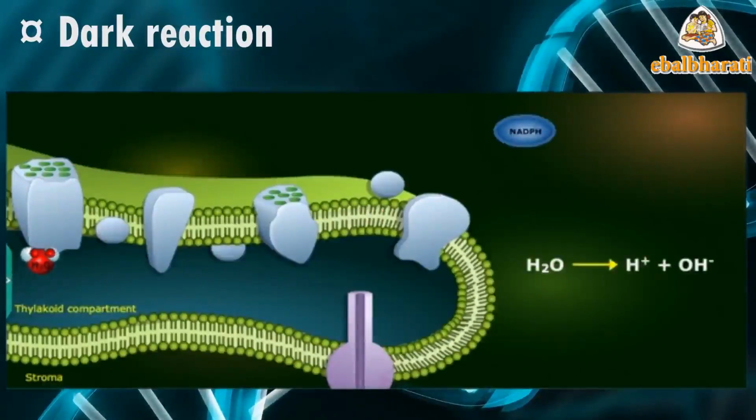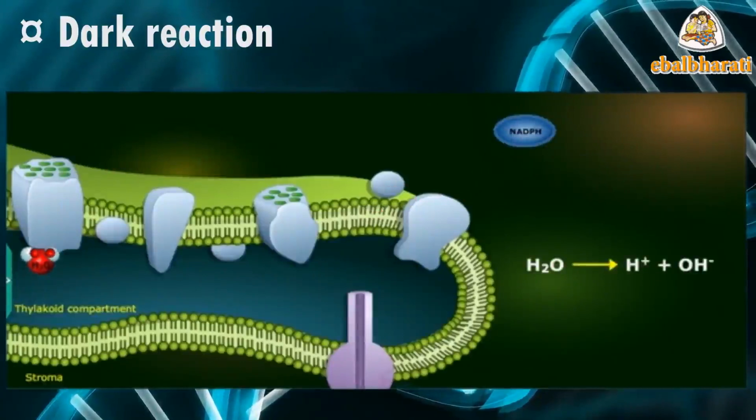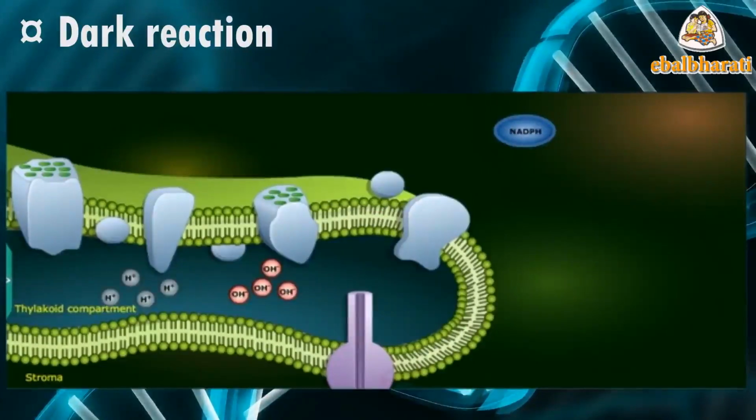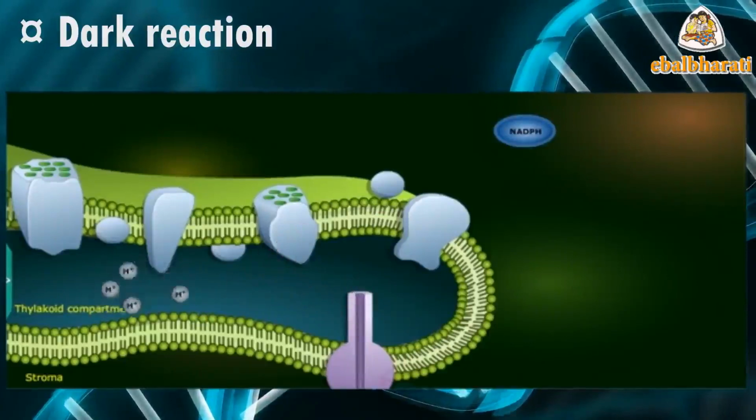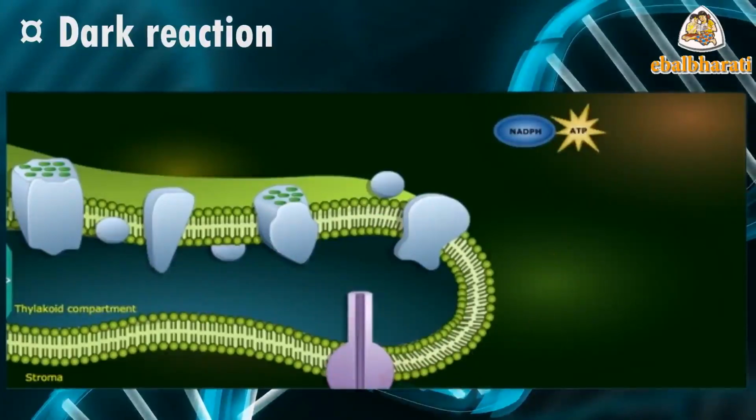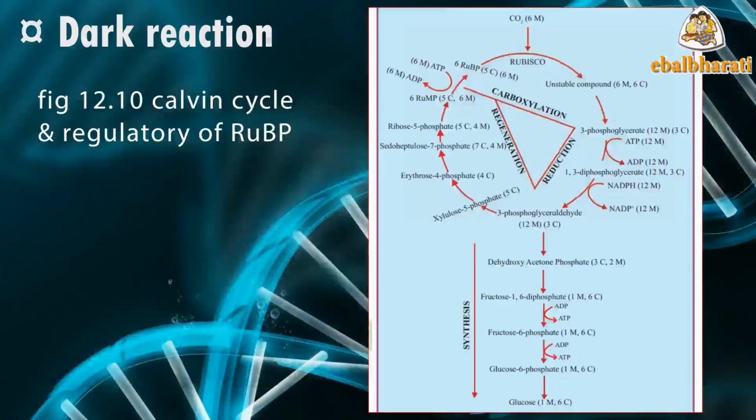With the help of radioactive carbon, it becomes possible to trace the intermediate steps of fixation of 14CO2. The various steps in the dark reactions involve the Calvin cycle, C3 pathway, which is depicted in figure 12.10, and are mentioned as follows.